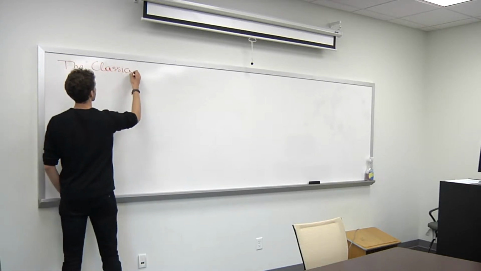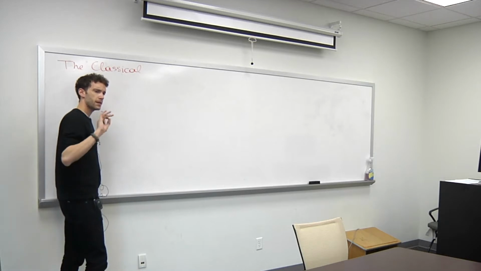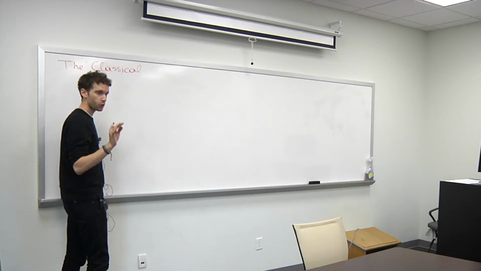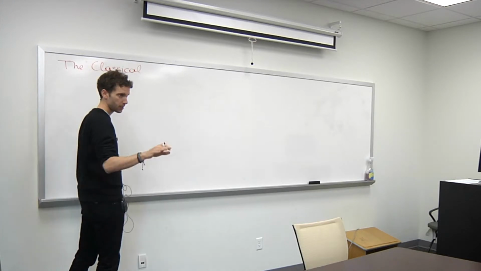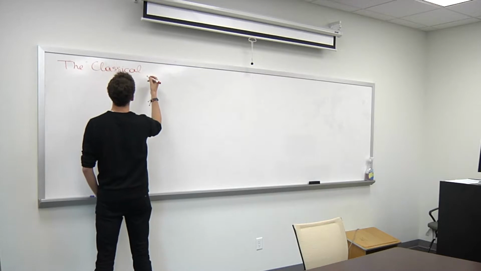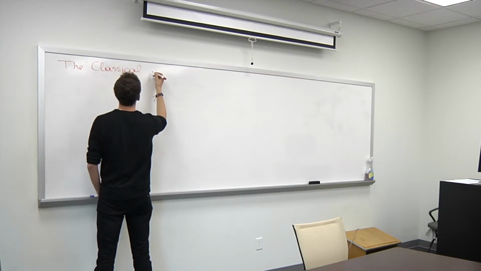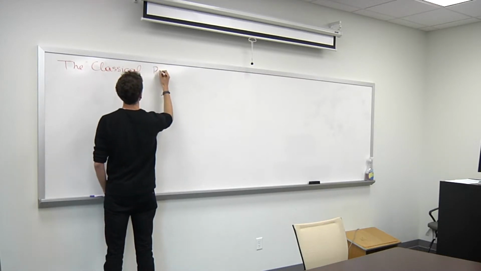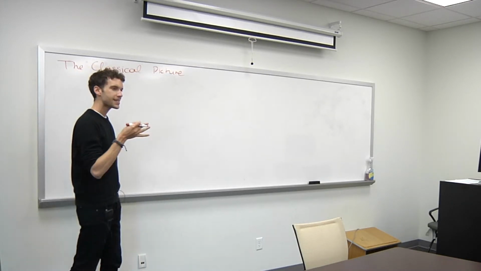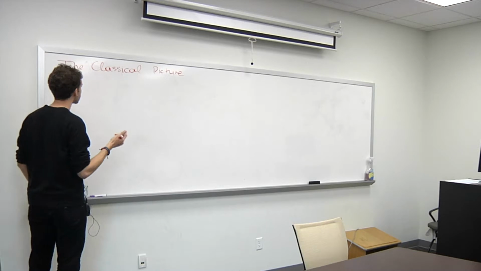So the classical picture, I should also say, everything I'm going to say is in the handout. So it's going to be short. The handout is long because there's nothing more in it than what I'm going to say. I just decided to put everything in there to refer back to it. So the classical picture of the formalization of probability goes roughly as follows.